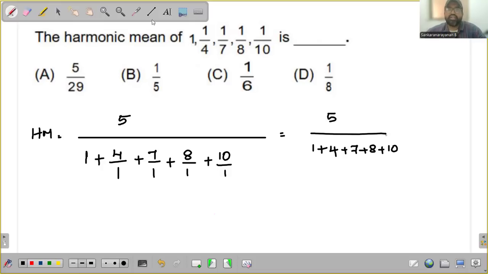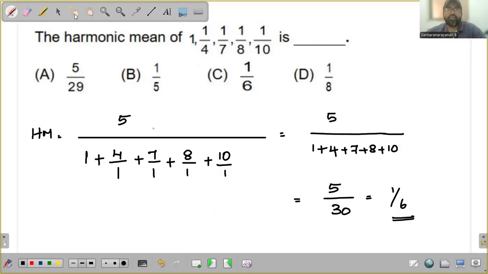Let us add them quickly. 8 plus 7 is 15, 15 plus 5 is 20, and 20 plus 10 gives the total as 30. So we have 5 divided by 30, which is equal to 1 by 6.